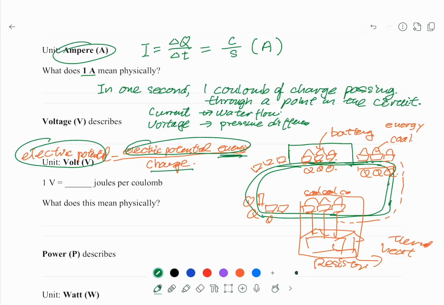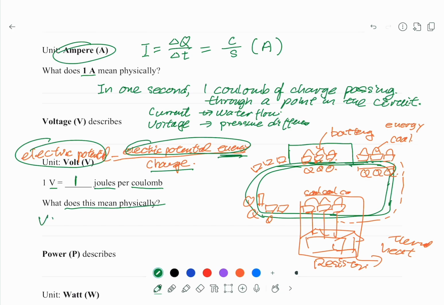So 1 volt means 1 joule of electric potential energy per each coulomb of charge. What is the physical meaning of voltage?